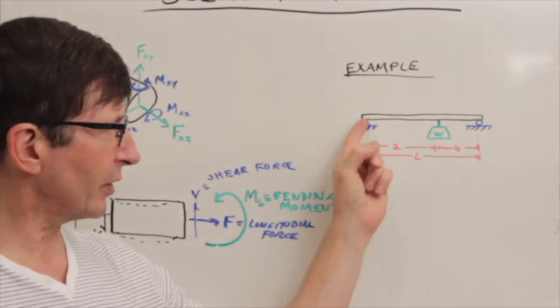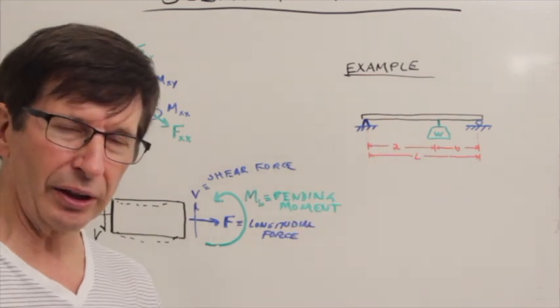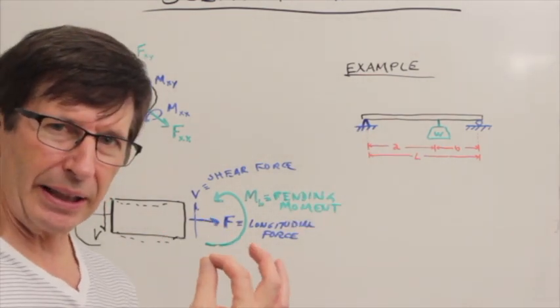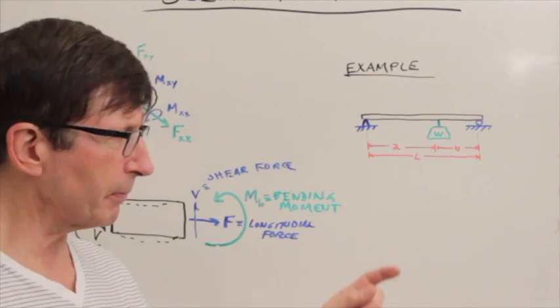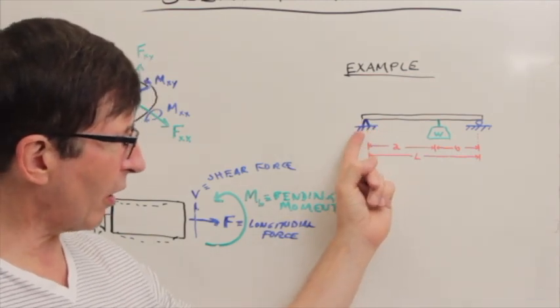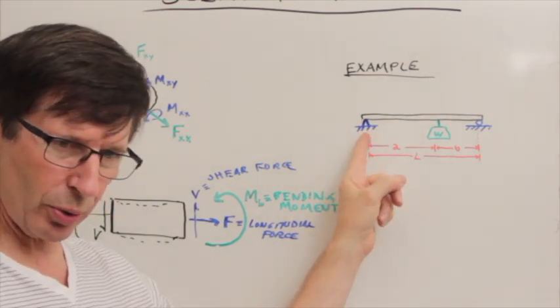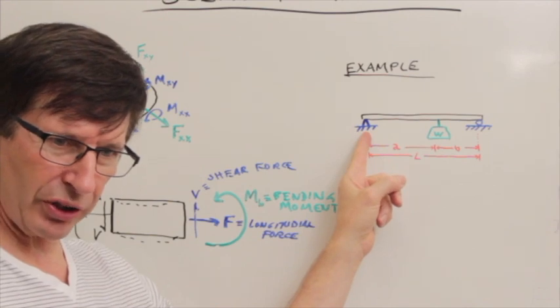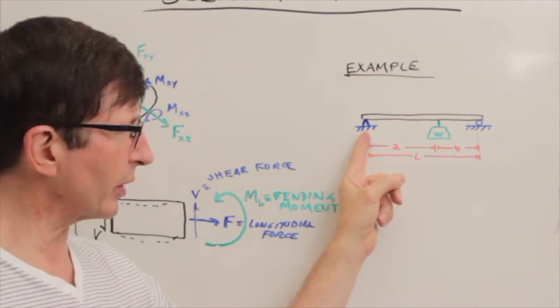This one on the left with a little pointy triangle means I am pinning this beam at this point. The crosshatch means I'm pinning it to a surface which is rigid and not going to move.